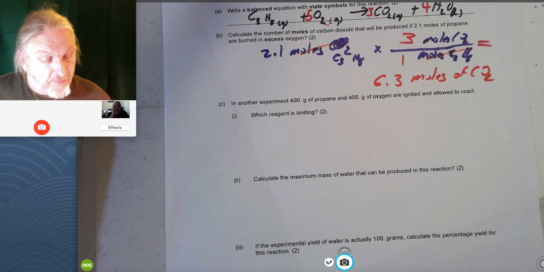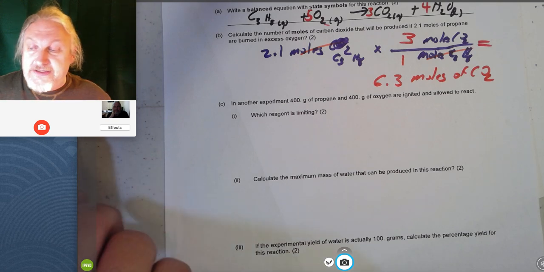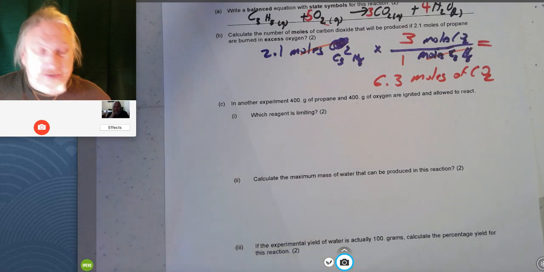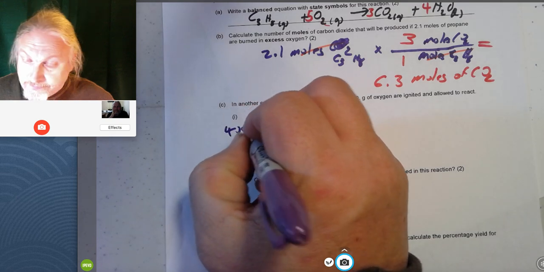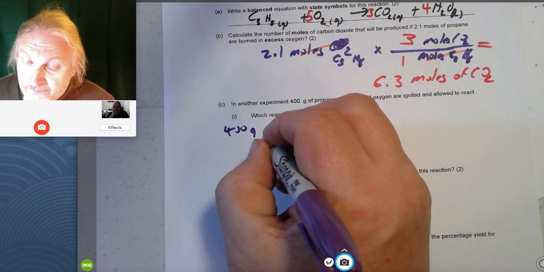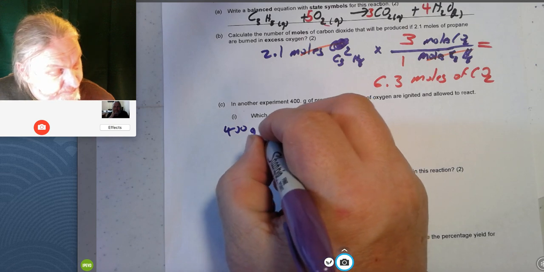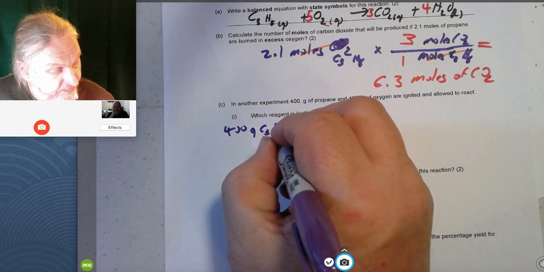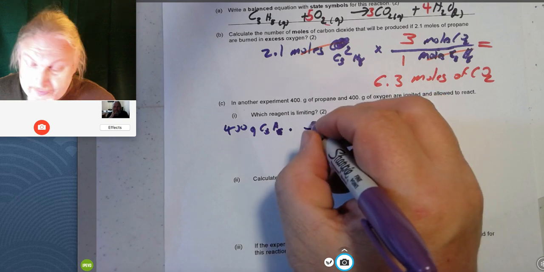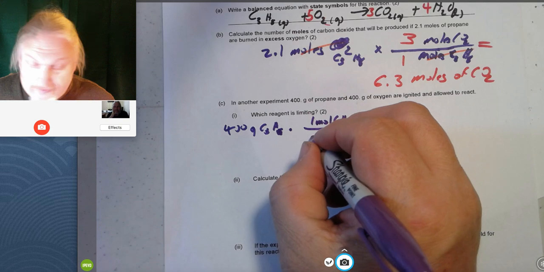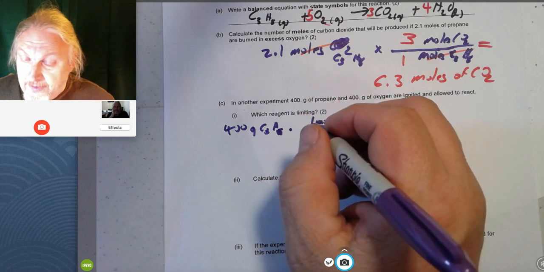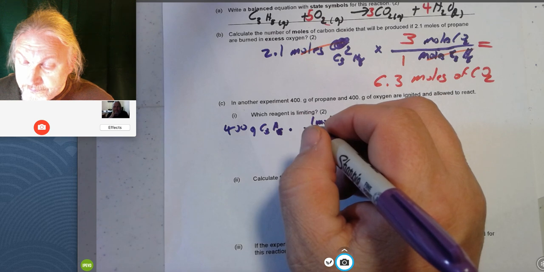First of all, before we do BCA, we have to put things into moles. So I have 400 grams of propane, C3H8, and I need to multiply that by 1 mole C3H8 divided by the molar mass of C3H8.